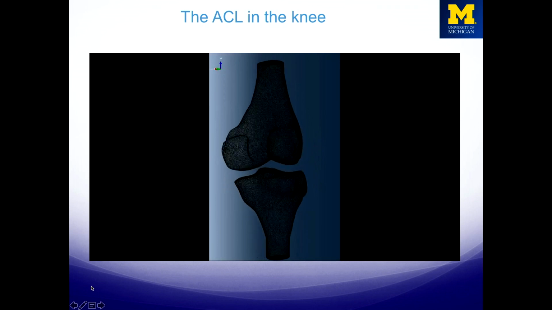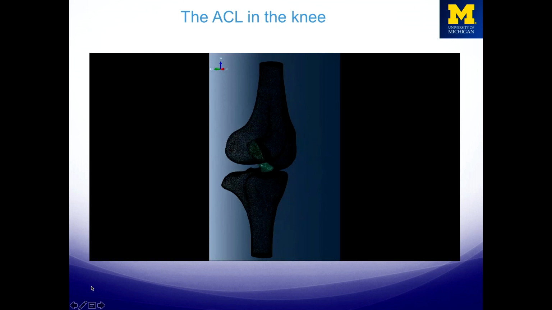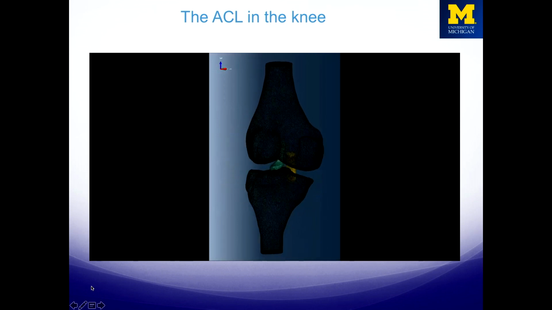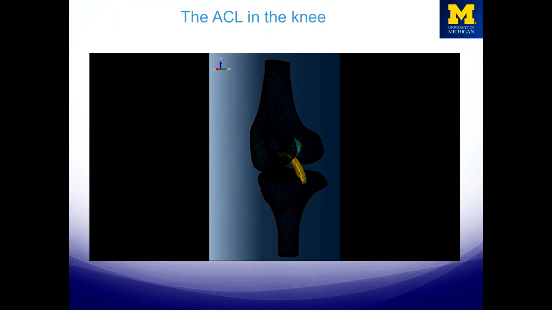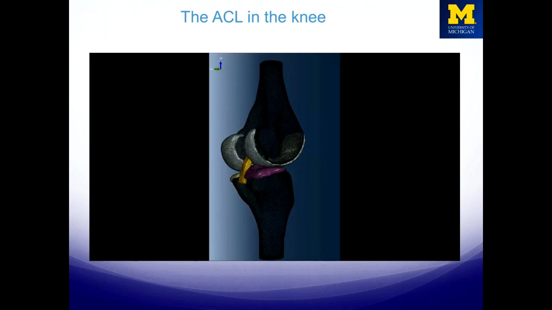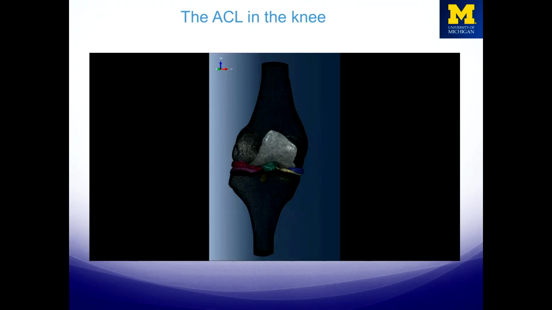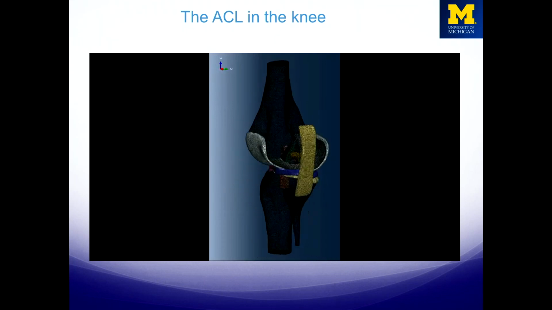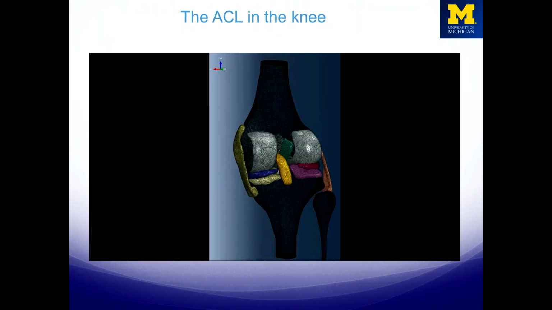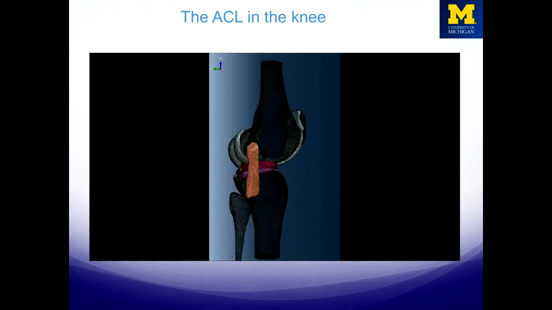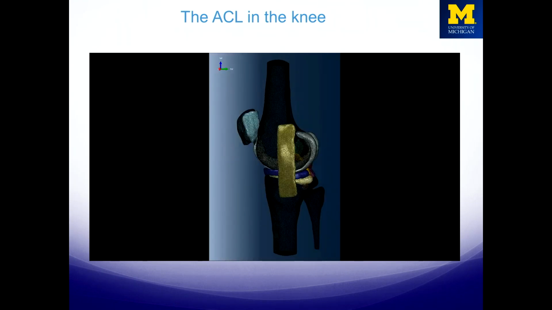First to come in will be the anterior cruciate ligament, or ACL, in the center of the knee, and then the PCL, cartilage on the tibia and femur, the menisci there in red and blue, and then the medial and lateral collateral ligaments, and finally the patella and patellar cartilage.